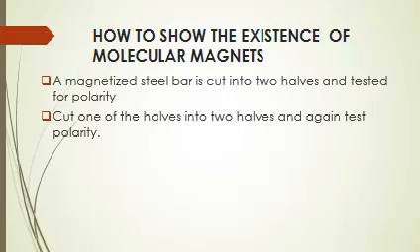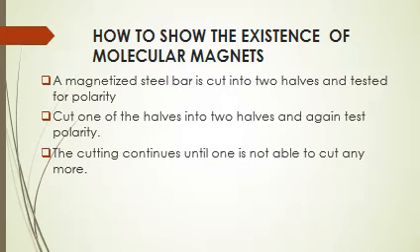Now try also to cut the half in two halves, and again test for polarity. You also see that the halves of halves are also magnets with both north and south pole.